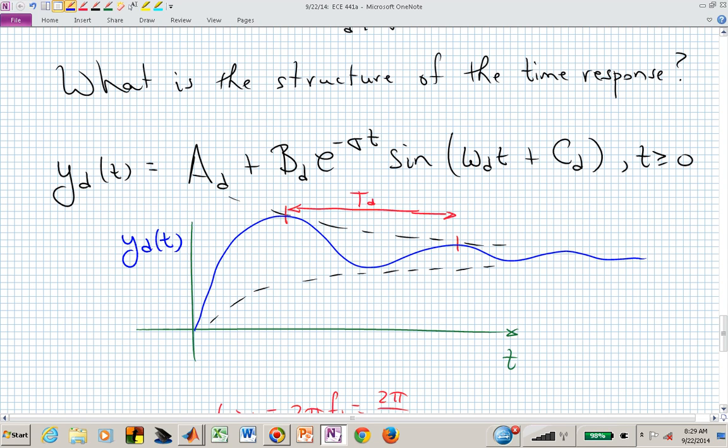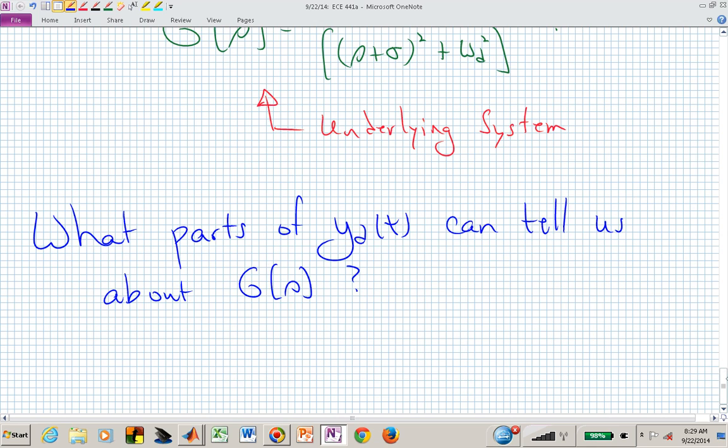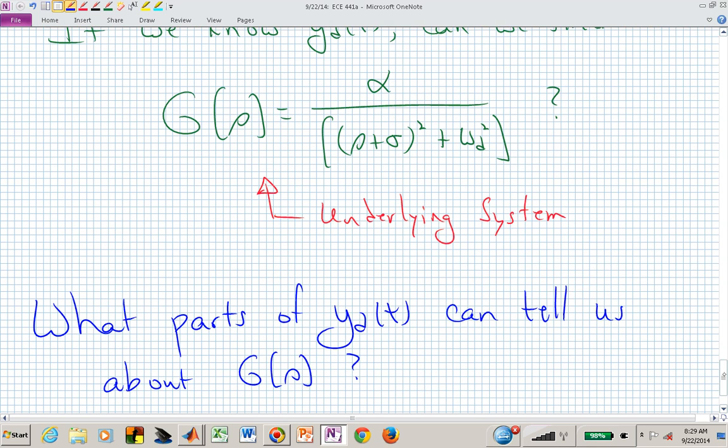What would A sub d allow us to compute or provide us insight into relative to this second order system g of s? Any ideas? If I push it 2,000 counts and it goes 1,000 counts, what do I know about my system if it eventually settles at 1,000 counts?